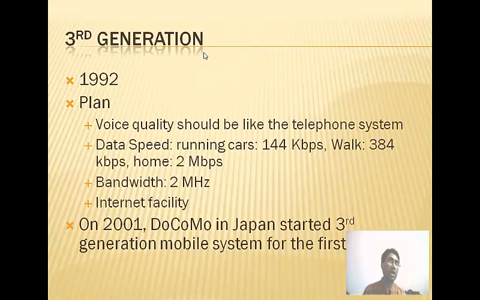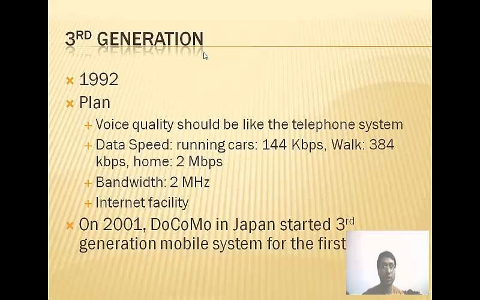Third generation, I think the idea started in 1992. The ITU, International Telecommunication Union, got established to improve the mobile phone technologies. So the plan for third generation was voice quality should be similar to the telephone system. Data transfer speed should be, in running cars, 144 kilobit per second, while walking 384 kilobit per second, at home 2 megabit per second.